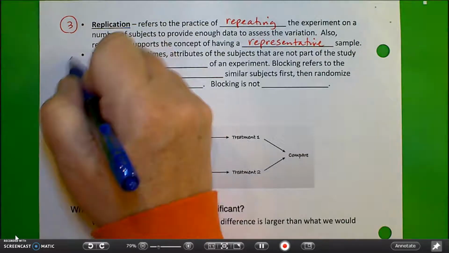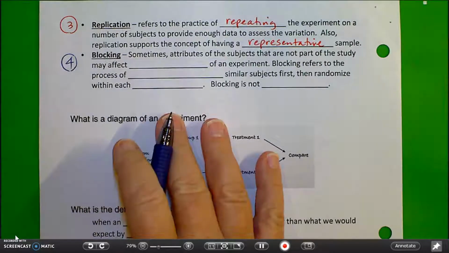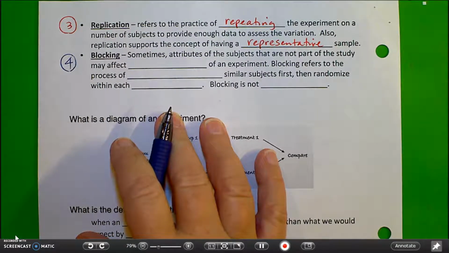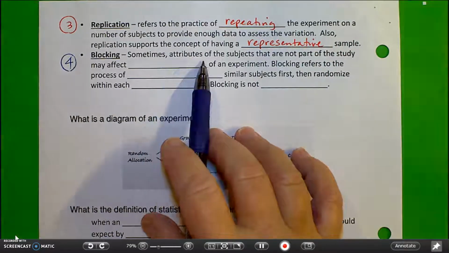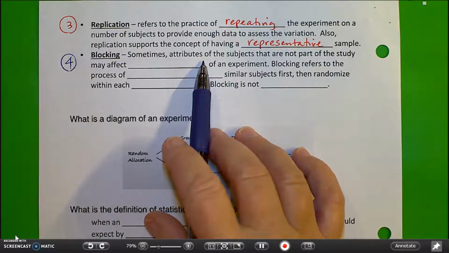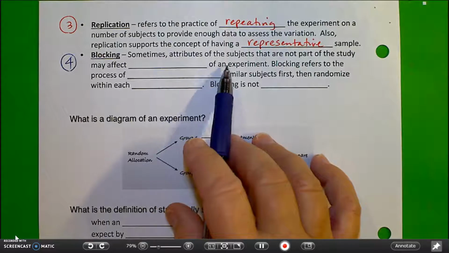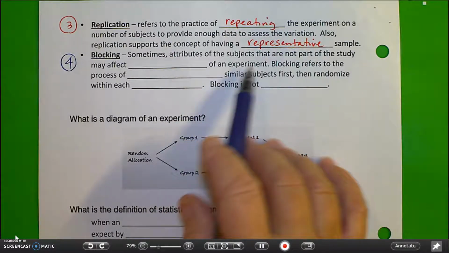The fourth part of the study is called blocking. Sometimes you might have attributes of a subject that aren't really meant to be part of the study, or you want to exclude them from influencing the results.